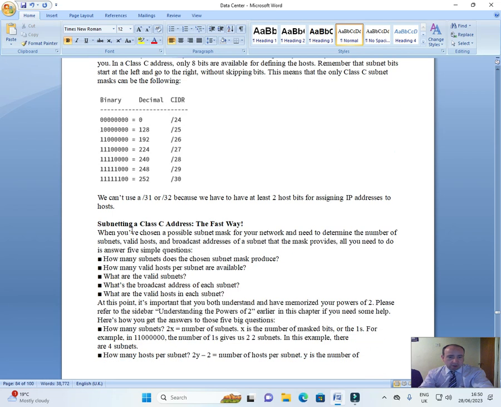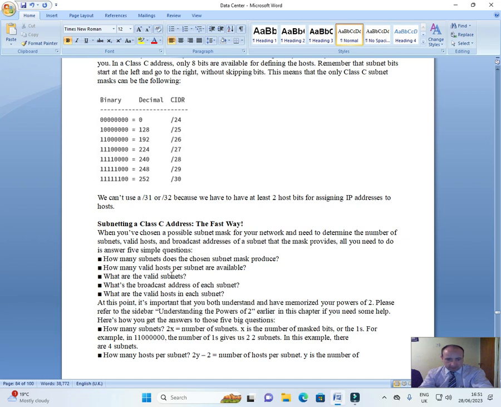to hosts. When subnetting a Class C address the fast way, when you've chosen a possible subnet mask for your network and need to determine the number of subnets, valid hosts and broadcast addresses of a subnet that the mask provides, all you need to do is answer 5 simple questions. How many subnets does the chosen subnet mask produce?